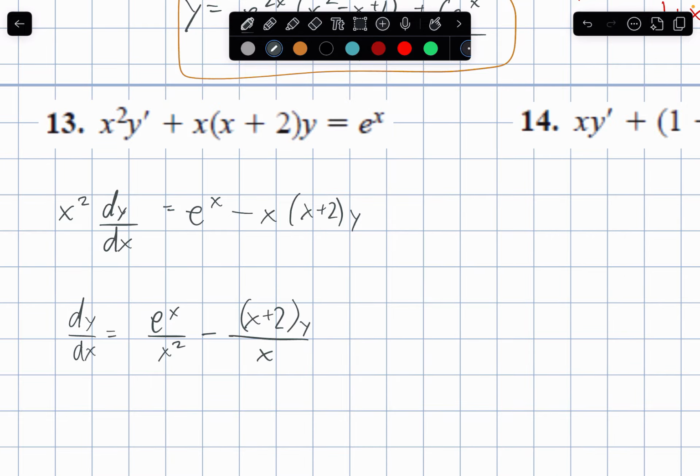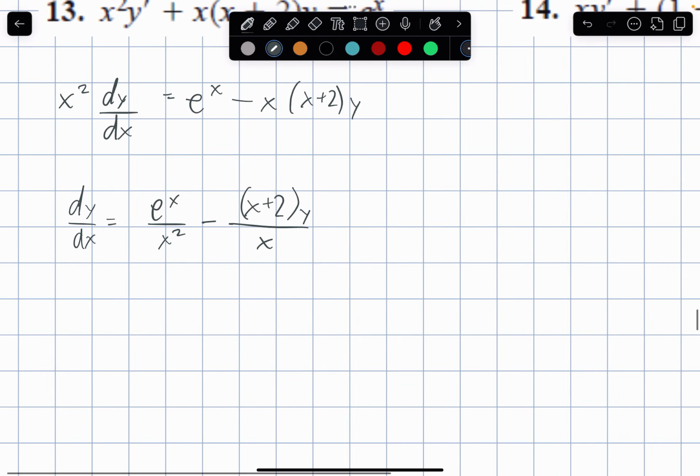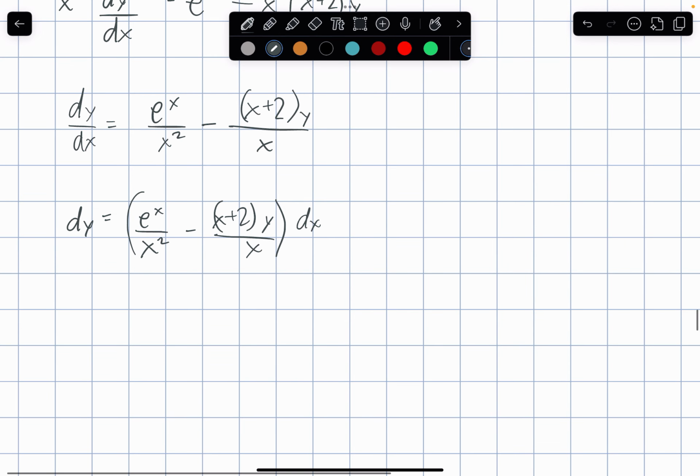So, and then dy is equal to e raised to x over x squared minus, okay. So clearly this is not variable separable. It's really complicated. There are still fractions. So not variable separable.